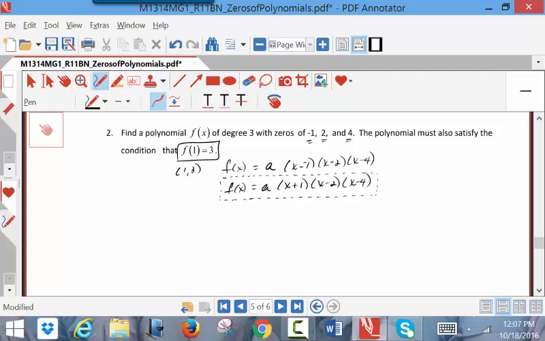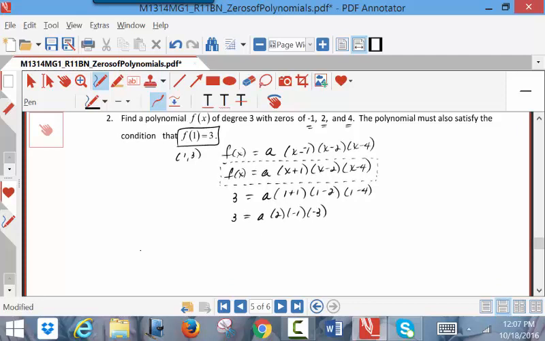So the 3 replaces the y, or the f of x, and the x will be 1. So 3 equals A times 2 times negative 1 times negative 3. That's a positive 6A on the right side.